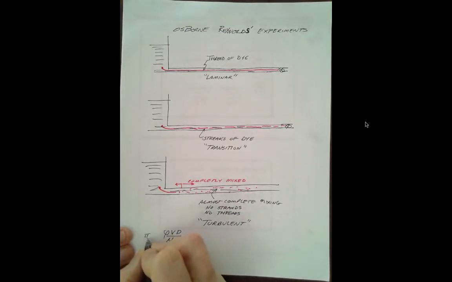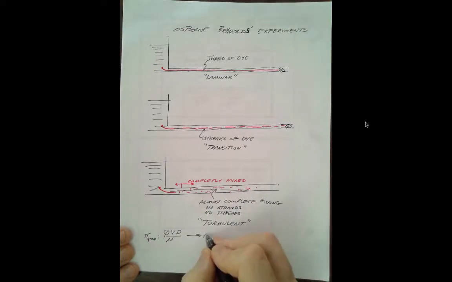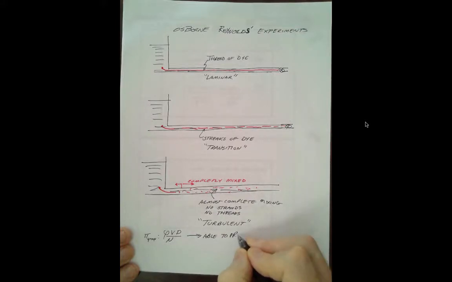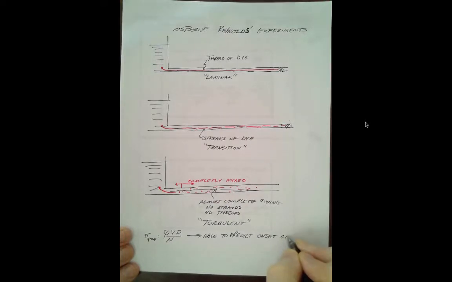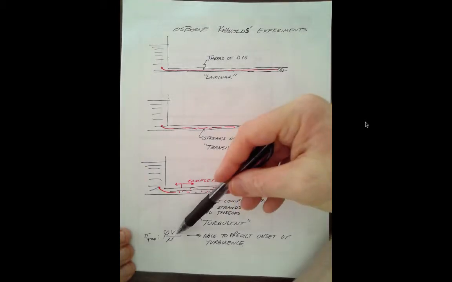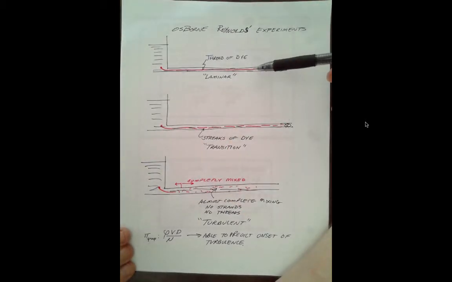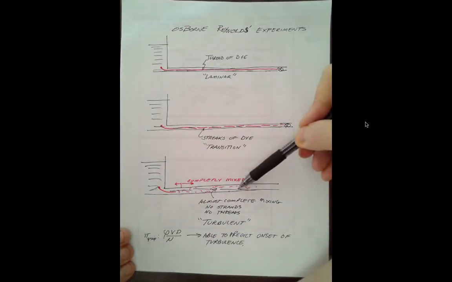So there's this pi group, and that was able to predict onset of turbulence. And what that means in practical terms is, depending on the value of this pi group, the analyst could determine if the flow would be laminar, transition, or turbulent.